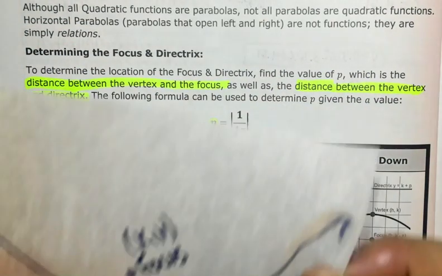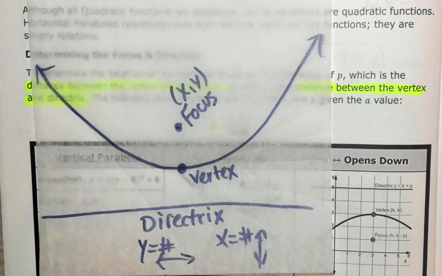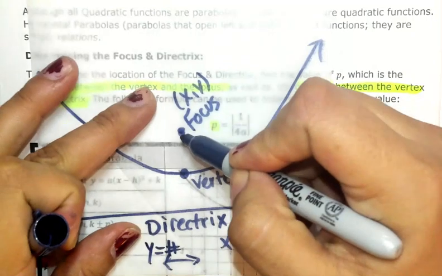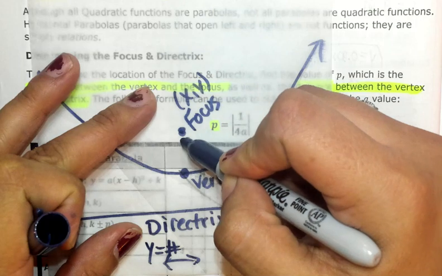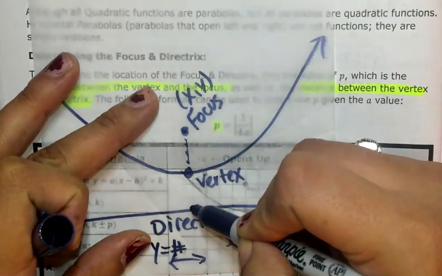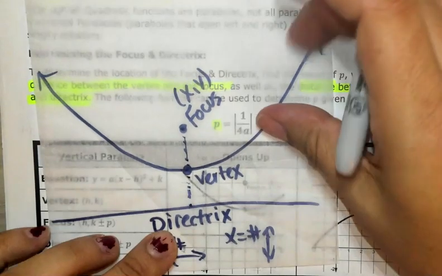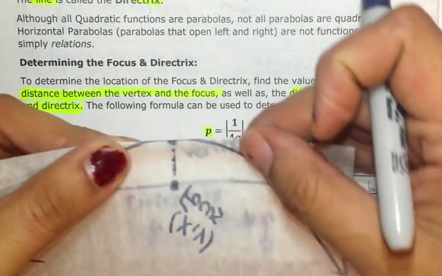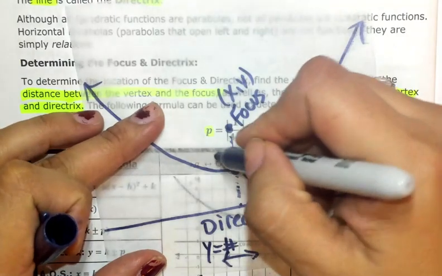And you could see that here on this paper, the distance that we had from the focus to the vertex is the same distance from the directrix to the vertex, because again, we folded the paper and aligned them and it created the same distance. So that distance is your P.